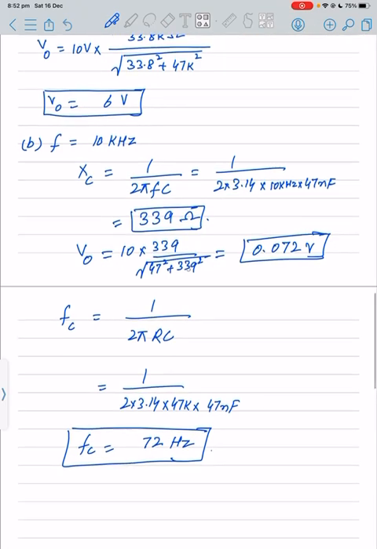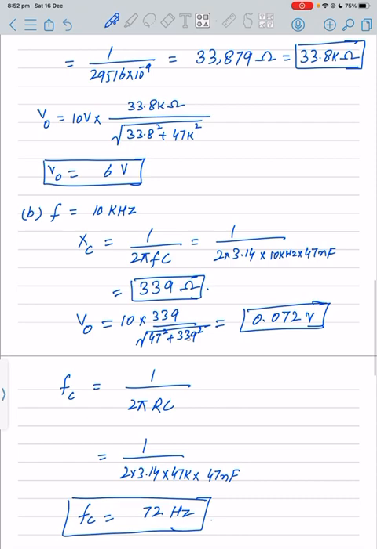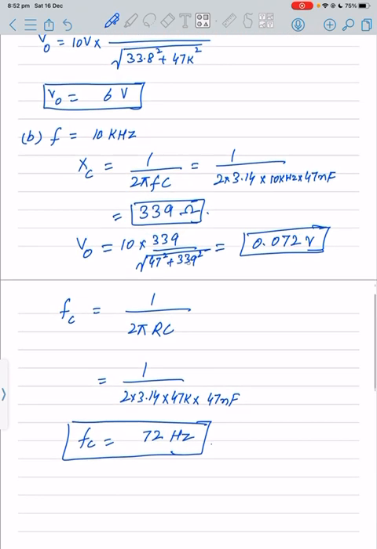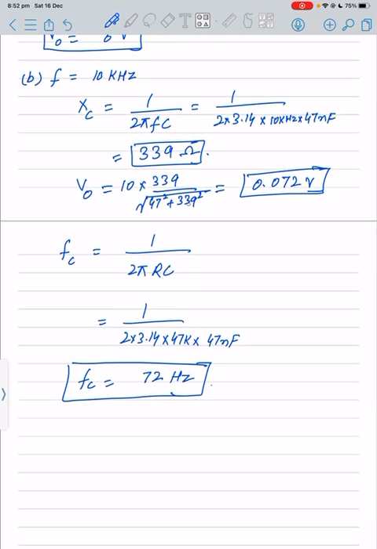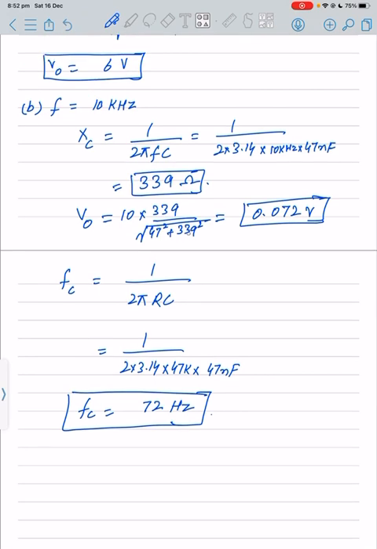Before 72 hertz, its voltage will be approximately equal to the input voltage, but at the corner frequency, the voltage will be decreased by -3 dB, and after that it will decrease at the rate of -20 dB per decade and -6 dB per octave, as we analyzed above through the frequency response.